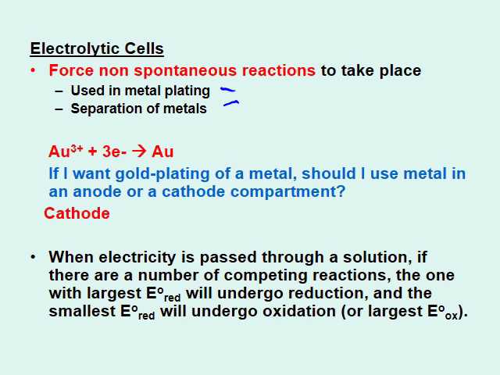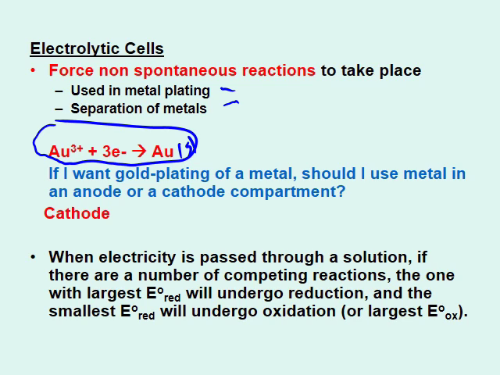Now, one of the reactions that I'm showing you here is the reaction of gold 3 plus ion. When it receives 3 moles of electrons, it's converted into gold solid. So the right hand side is the solid. So that gets deposited on a metal.